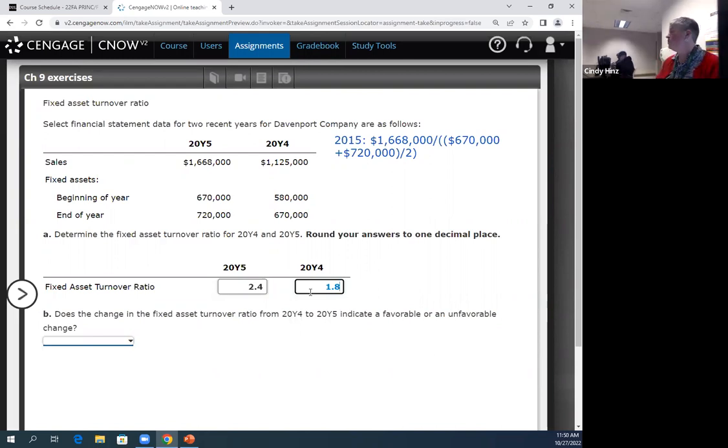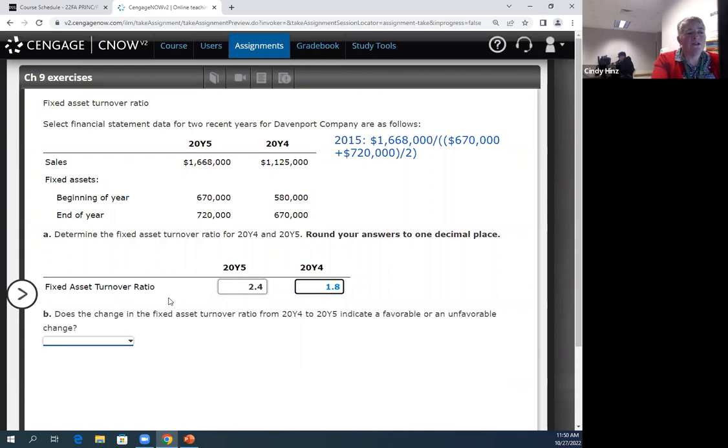We would read that as 1.8 times. In other words, for every dollar in fixed assets the company has, they're generating $1.80 in sales in 2014. And in 2015, for every dollar in fixed assets, they're generating $2.40 in sales. As I already said, the higher number is better. It means they're using their assets more efficiently or more effectively to generate sales for their company.